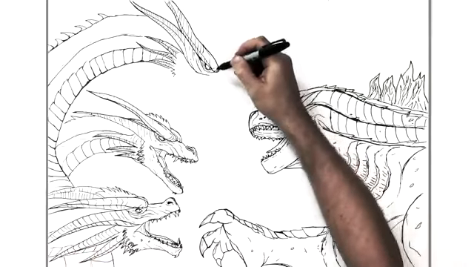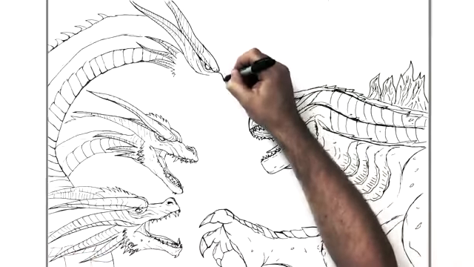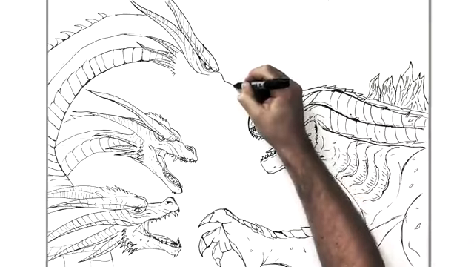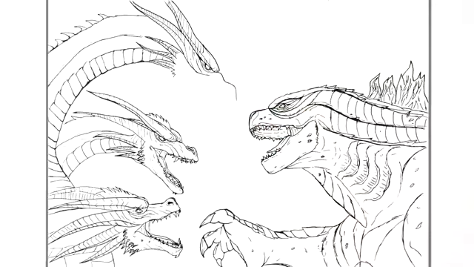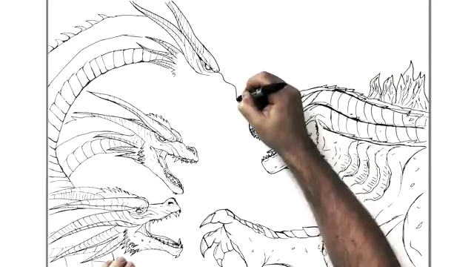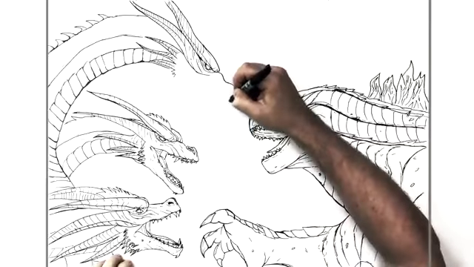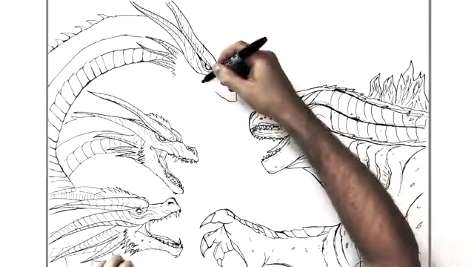Right, so then his snout. We'll bring it down the front and around his nostril, down towards Godzilla's face, and then it curves around again for his teeth, sort of a bumpy line.